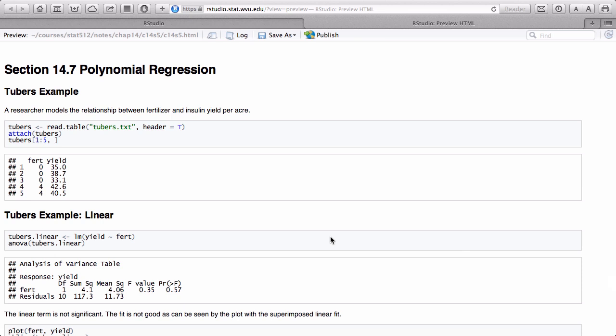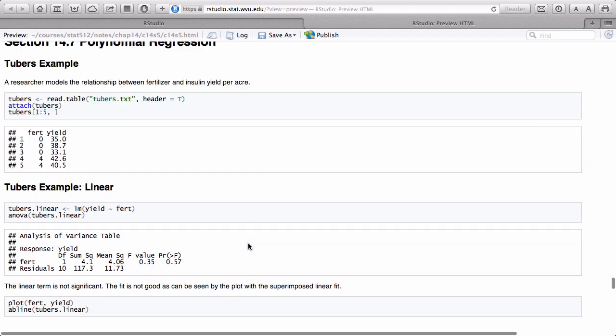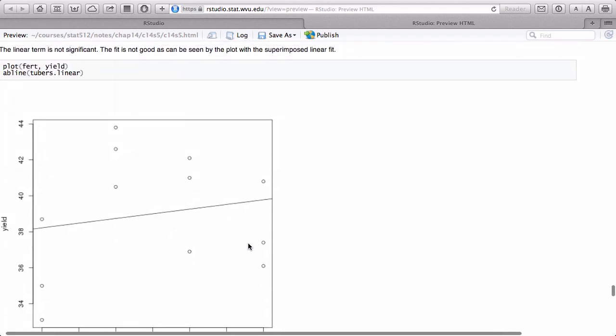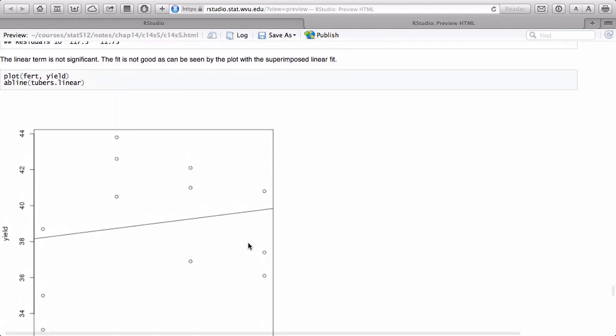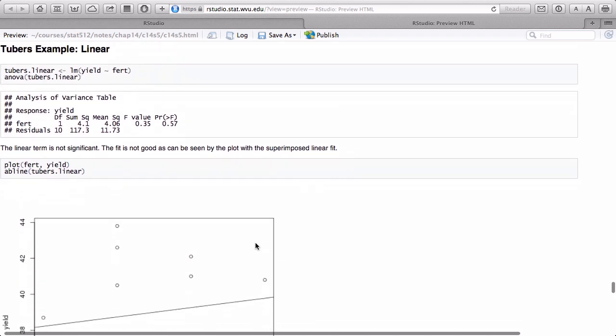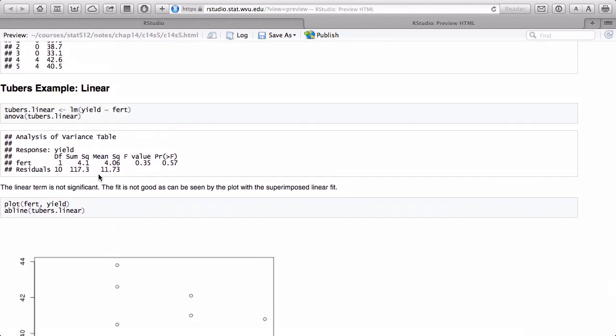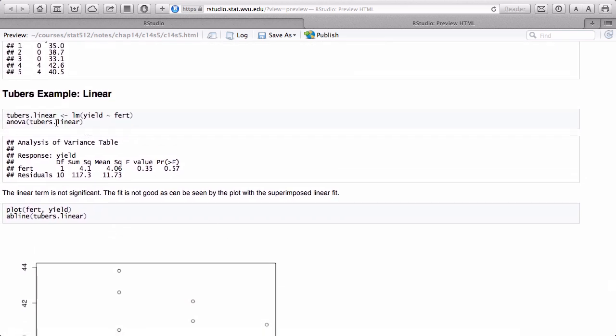You have different levels of fertilizer, and you'd like to know how that affects the yield. If you naively fit a linear model, tubus.linear, where I just do yield tilde fertilizer, and then do an ANOVA, you can see that fertilizer is not significant.